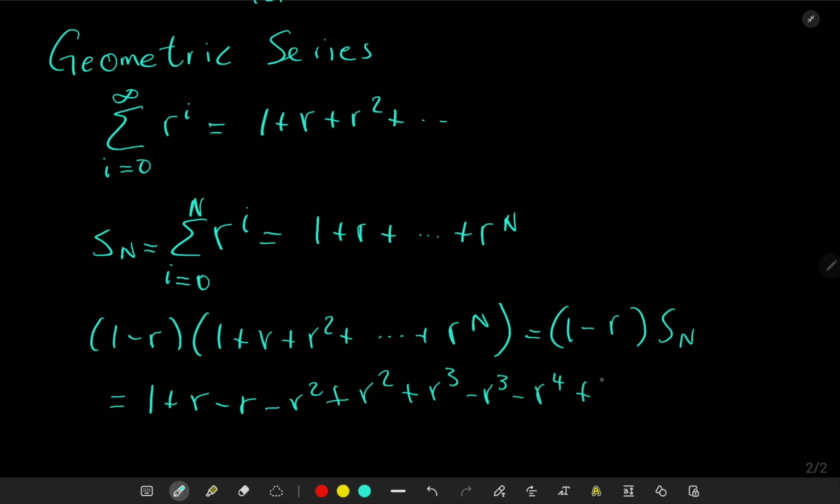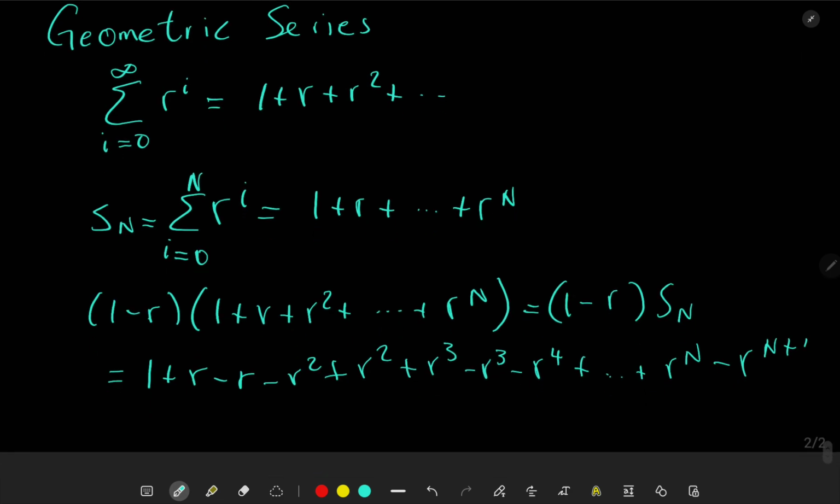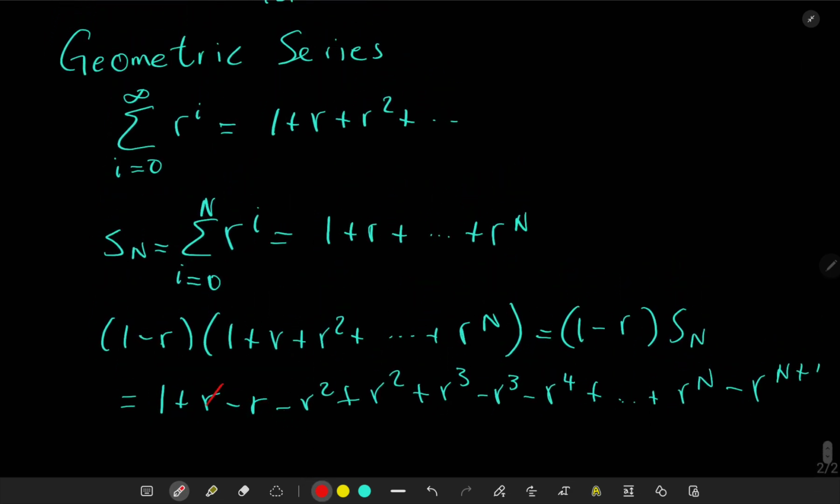The next plus would give me a plus r to the fourth, and I'm going to continue like that until I get to the last one, where I'm going to do plus dot dot dot r to the n, and then minus r to the n plus 1, when I multiply this r to the n plus 1. So this one hitting the r to the n, and this negative r hitting the r to the n plus 1. So you see how a lot of things in the middle cancel. In fact, pretty much everybody will cancel. This will cancel with the next, and this one will cancel with the predecessor.